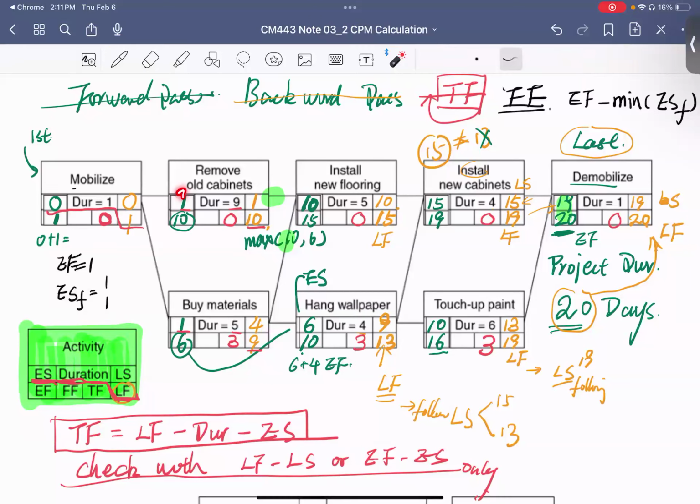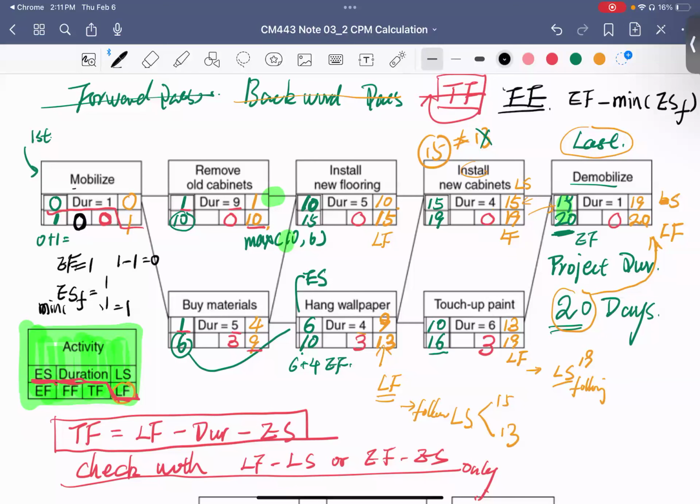So 1 comes from here, 1 comes from here. The minimum of those is still 1. So you have 1 minus 1, you get 0. Putting 0 here. That is how we get this one.